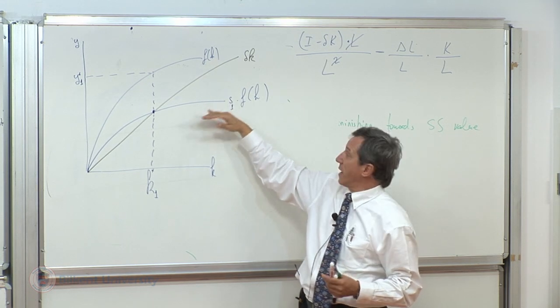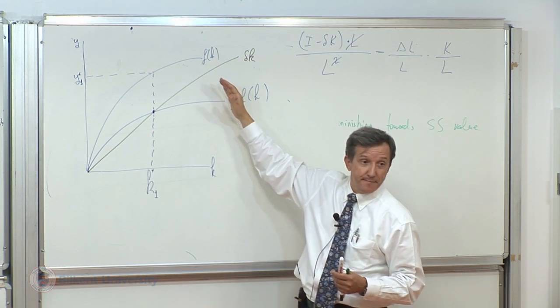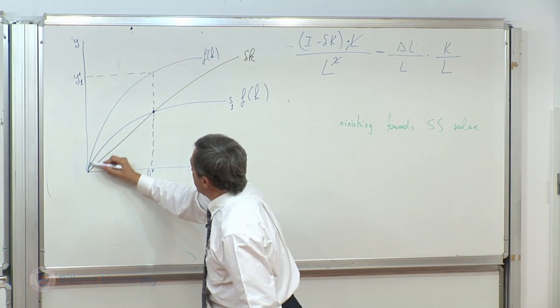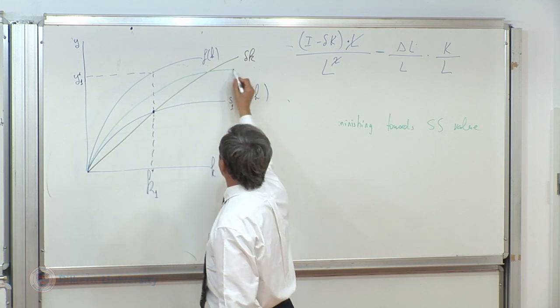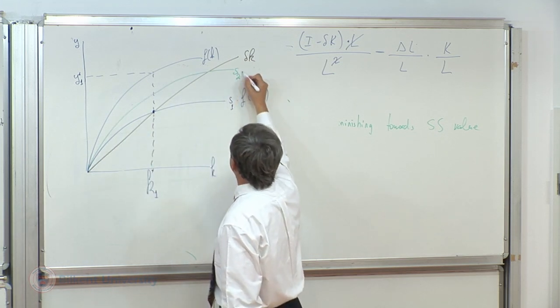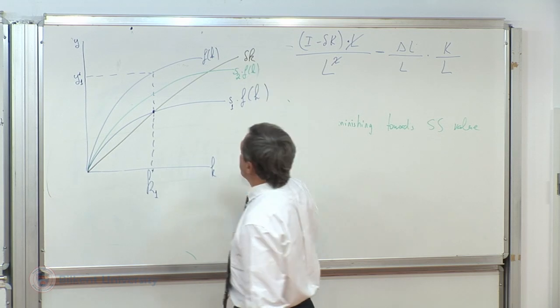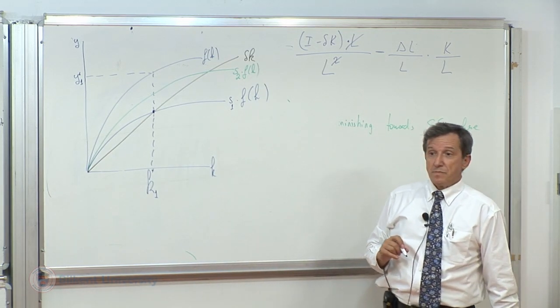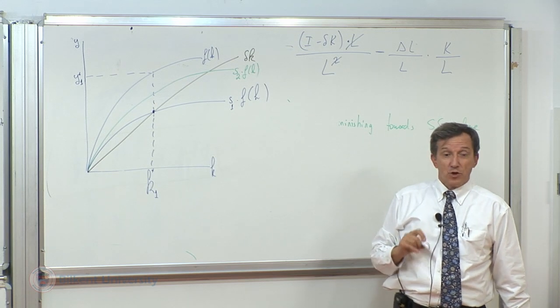It goes upward. Are you going to save more? Let me just arbitrarily increase this. Let's call this S2 times f of k. So what happened?